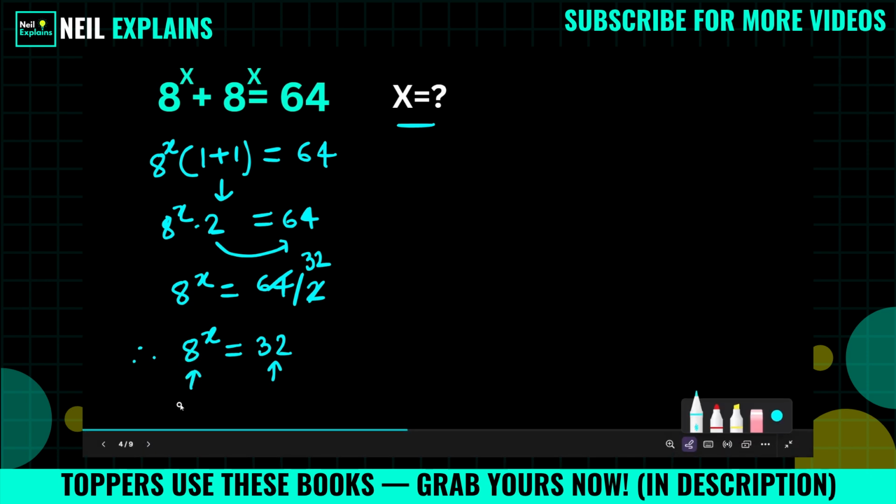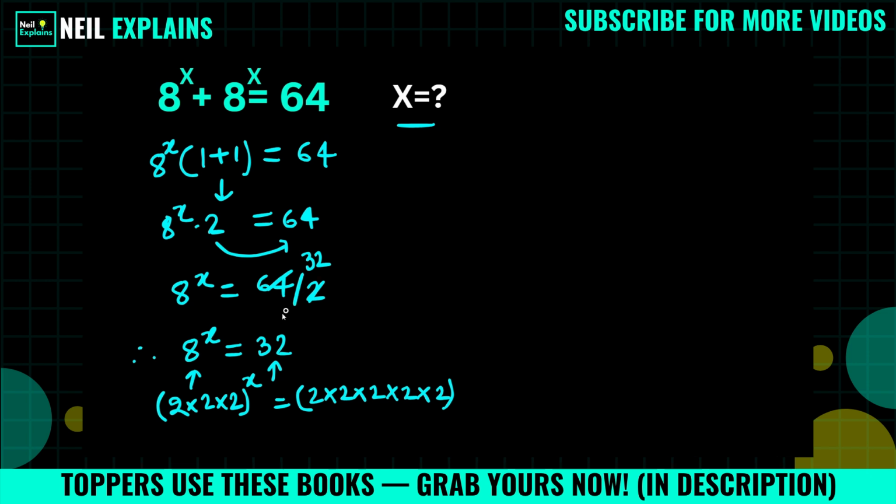Or simply, we can say 2 into 2 into 2, which is 2 to the power 3, all to the power x, equals 2 multiplied by itself 5 times, which is 2 to the power 5.